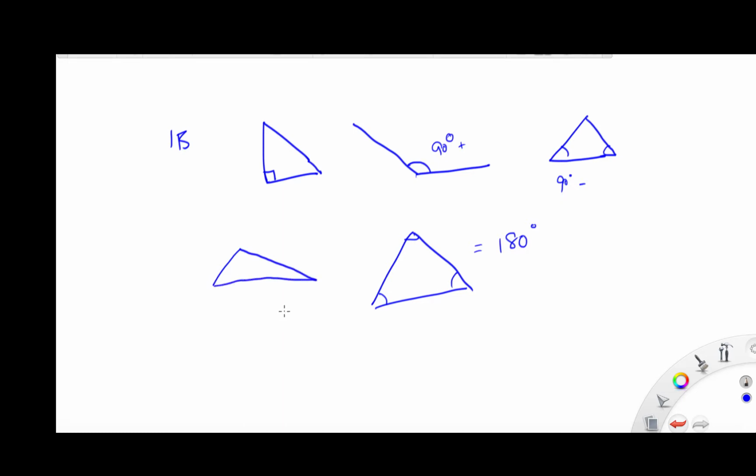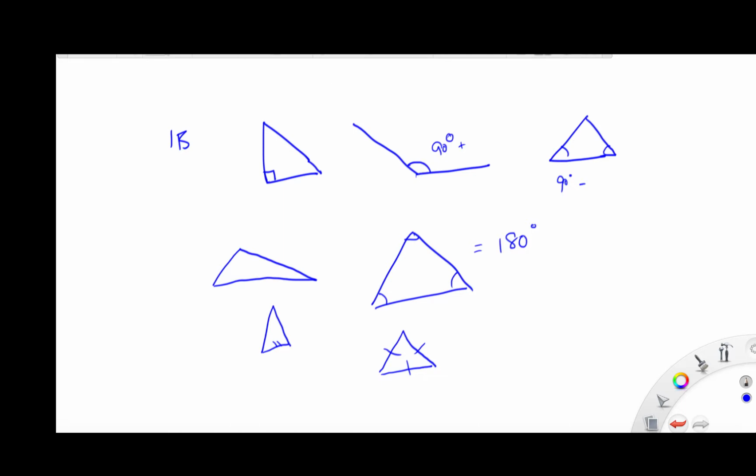If it is an isosceles, it has 2 of the same lengths, but the third one is different. If you have an equilateral, that means that every single one of the lengths is exactly the same length. Okay, so that is essentially 1b.